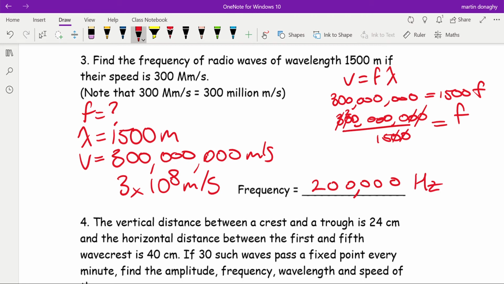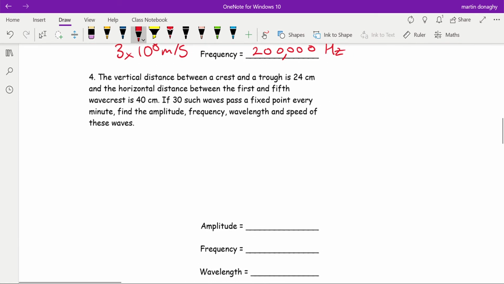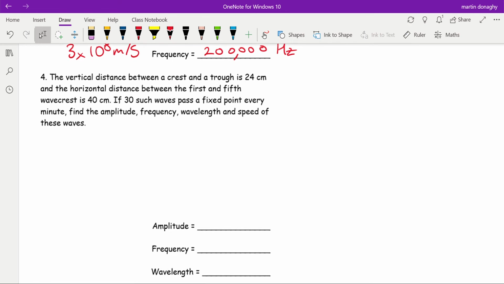Okay, last one is more complicated because there's a lot of information here to deal with, and actually a lot of questions being asked as well. In an exam, I'd be tempted to draw a diagram here. So let's draw a little diagram over at the side. So it says the horizontal distance between the first and fifth wave crest. So let's draw 5 waves. So that's 1, 2, 3, 4, 5.